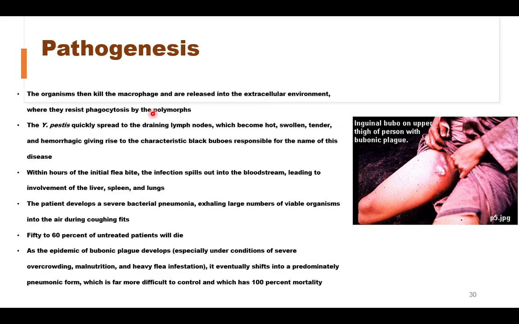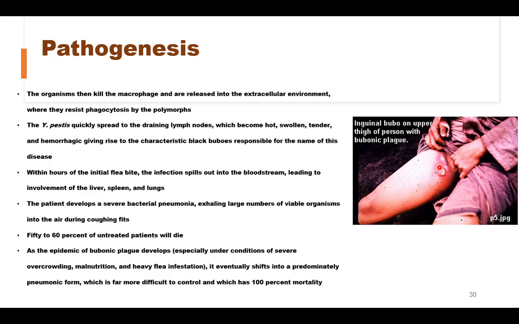And because you now have this group of organisms that are being released from the macrophages, remember, they have now started to deploy virulence genes and their gene products. So they are able to resist phagocytosis by polymorphs. So it becomes a self-perpetuating infection. So you can have swelling, and I want you to look at the surrounding areas of this lymph node.